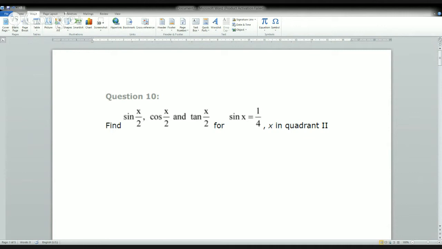So in similar fashion, if we follow these steps, we can get the values. I'm just giving you a hint how to approach. So then you can also solve the values for cos of x by 2 and tan of x by 2.